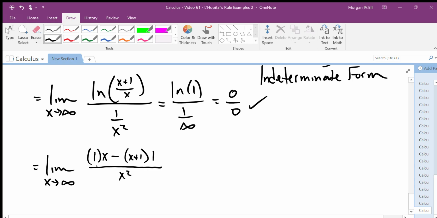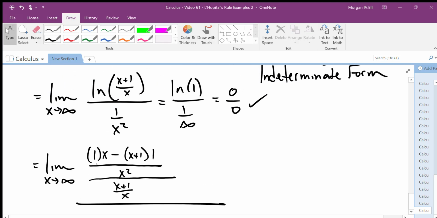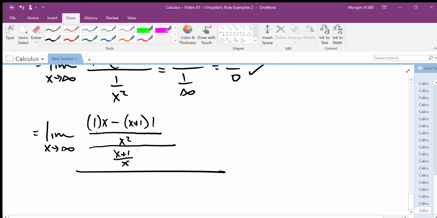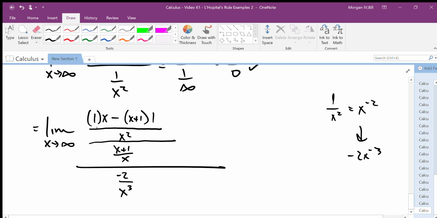That's the u prime. Over u, which is x plus 1 over x. That's my entire numerator. Divide that by the derivative of 1 over x squared, which is like x to the negative 2. So the derivative of that would be negative 2x to the negative 3, or negative 2 over x cubed. Now that's a lot going on here. Let's see if we can simplify this a little bit.